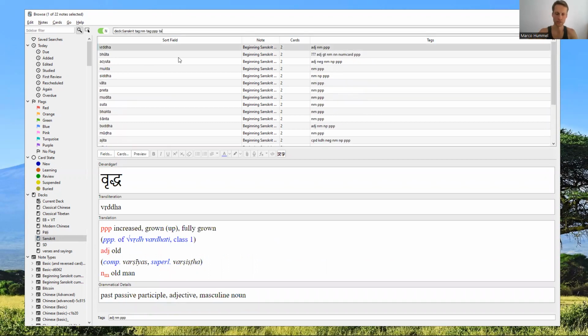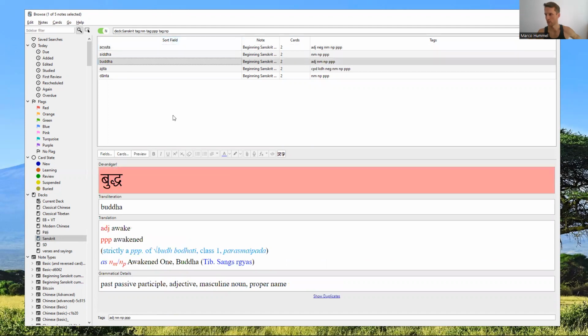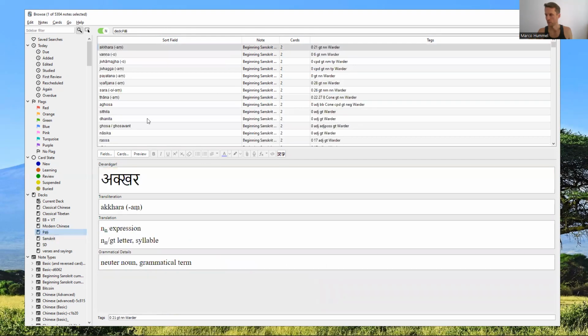And then you can even go a step further, which are masculine nouns, which can also be PPPs, past passive participles, and which can also be proper names, such as the Buddha. And this is super cool because you search the overlap of 3 categories. This is extremely powerful. Yet again, let's just go back to the Pali folder.